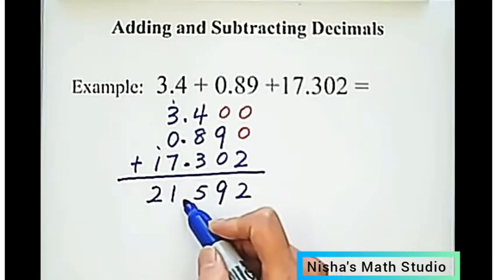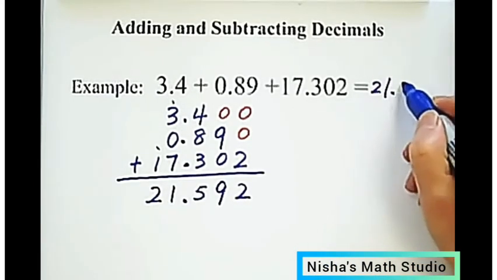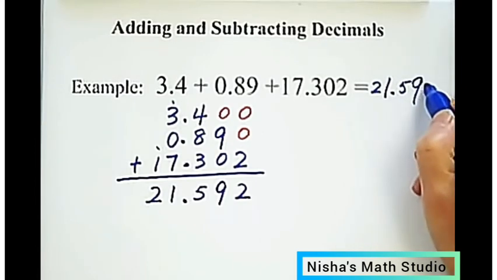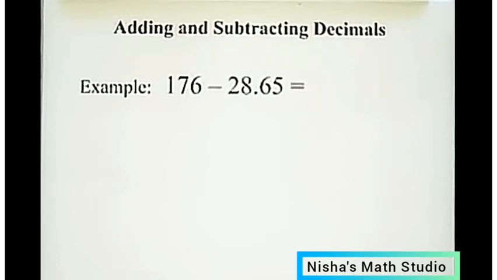You have 21.592. So adding up 3 numbers we got 21.592.